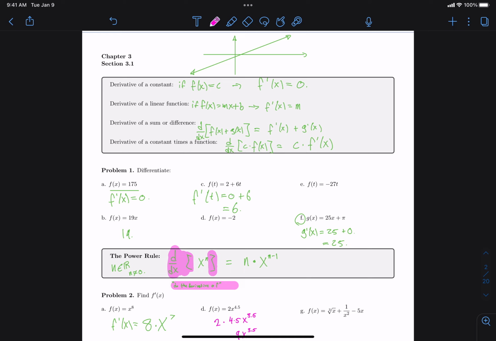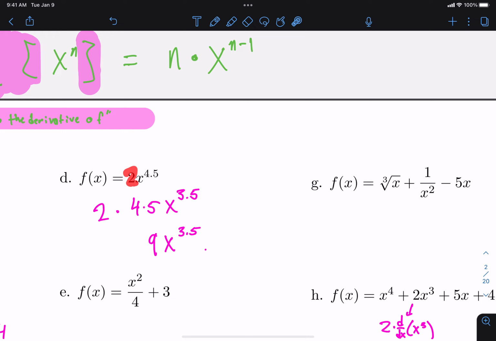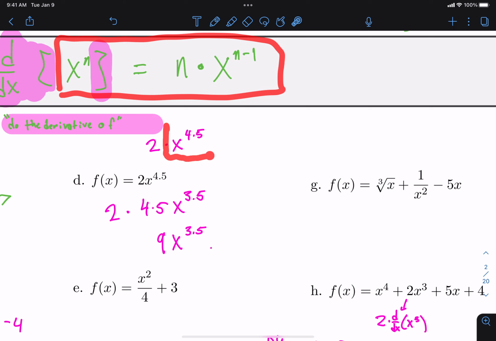Okay? Yeah, Andon. You mind doing an example of a constant times a function? Sure. That's kind of like what we just did here. 2 is a constant, right? So the way that you look at it is 2 times x to the 4.5. Using this rule, I know how to do the derivative of this piece.